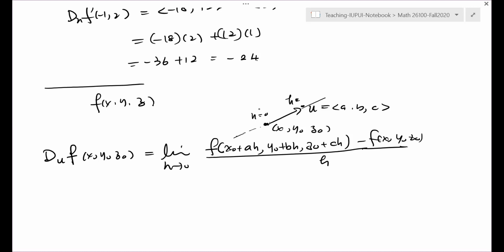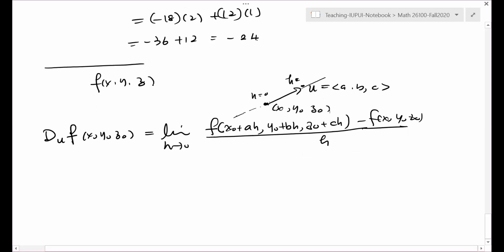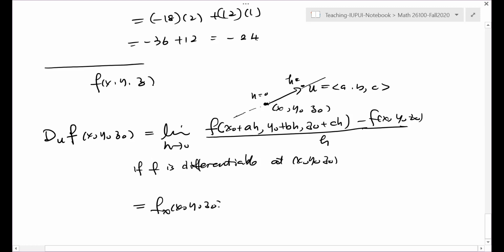Maybe it's differentiable in all directions, including the x-axis and y-axis, so you get the partial derivatives with respect to x and y. So if f is differentiable at this point, it means it's differentiable in all directions, and then you can have this formula.